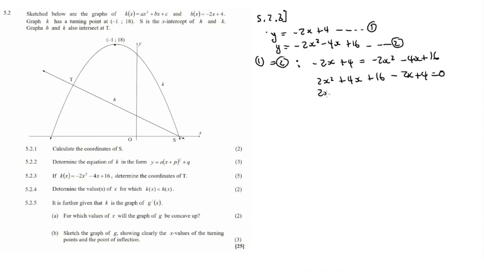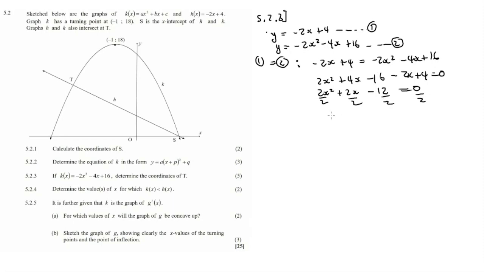Now simplify: 2x squared, and then 4x minus 2x total plus 2x, the 16 is actually negative, so it becomes negative 12, equal to 0. Divide both sides by 2.